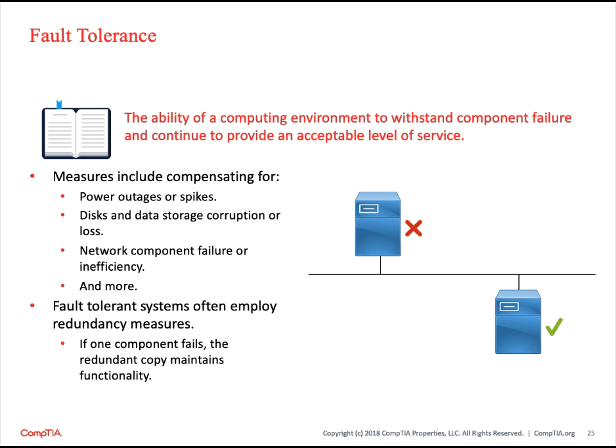We might have one that compensates for power outages or power spikes, disk and data storage corruption and loss, and network component failures. The same way you have power strips at home, those are there to help in case there's a lightning strike or something like that, right? The rest of your house loses power, and we're trying to keep a power spike from hitting your computer and making us lose that computer, right?